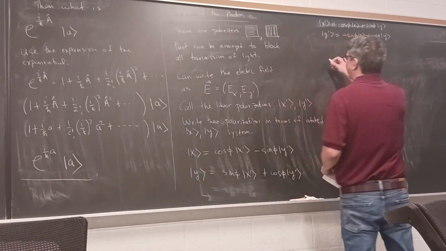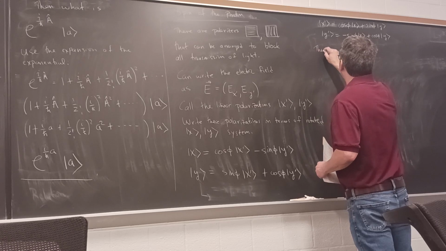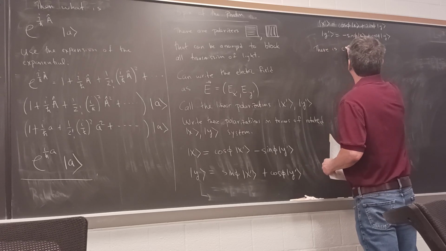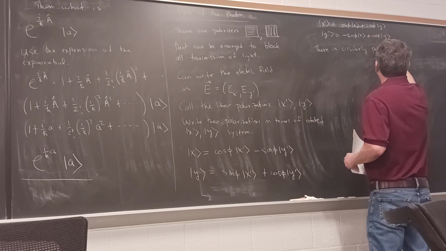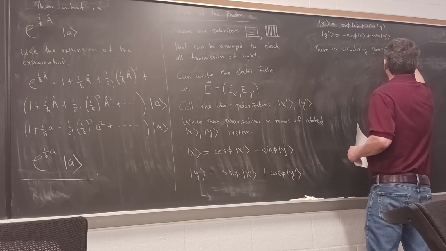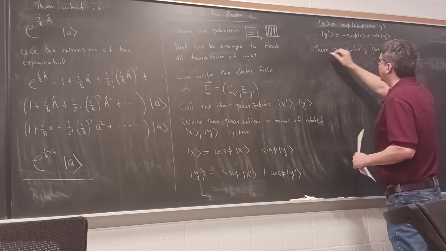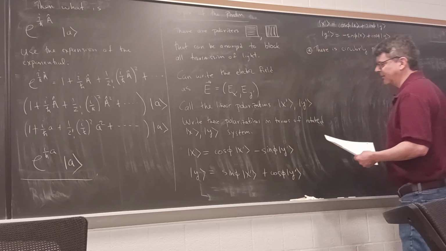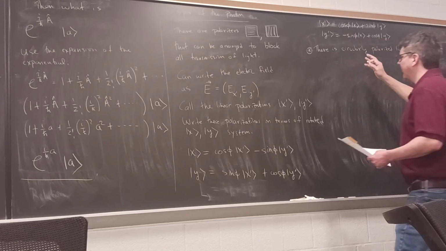Now you have to know that there is such a thing as circularly polarized light. Okay, and now we can define states in terms of our linear polarization, but they look like this.